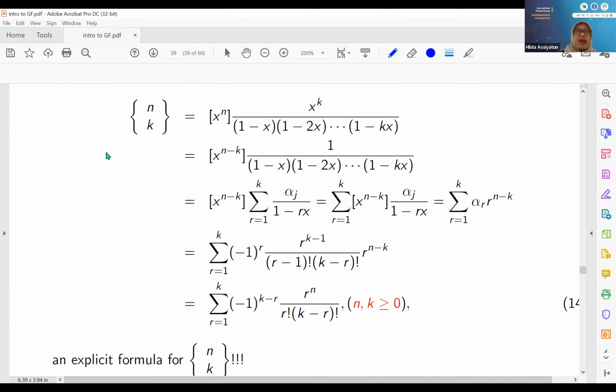Originally, naturally this number is defined on n greater or equal k. But actually, this formula works for any n and k, positive or non-negative integer.